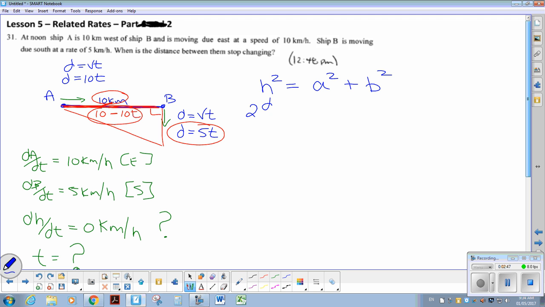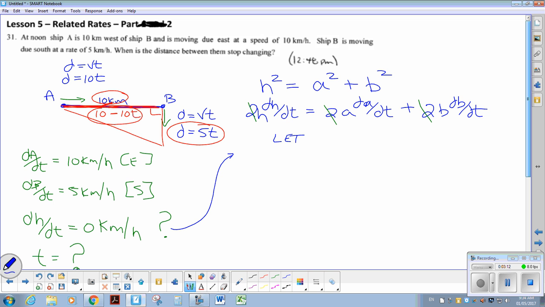So 2h dh by dt equals 2a dA by dt plus 2b dB by dt. The 2's drop out. Oops, I'm missing an h there. It should be 2h.